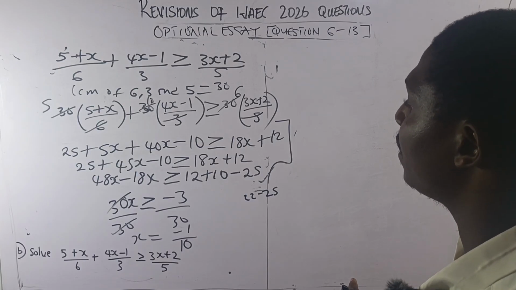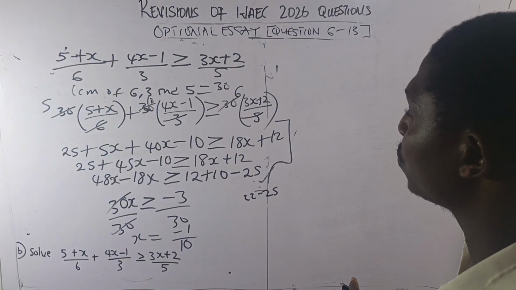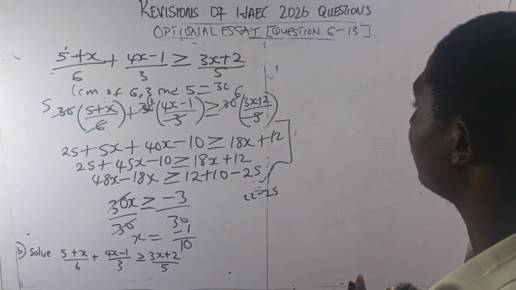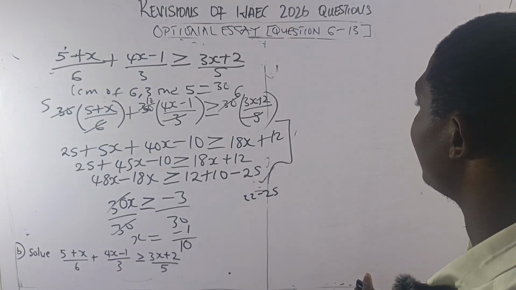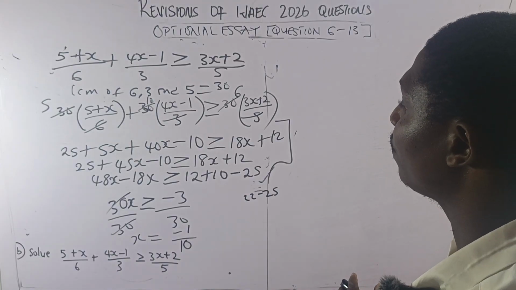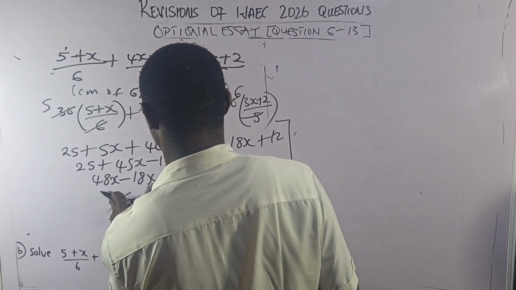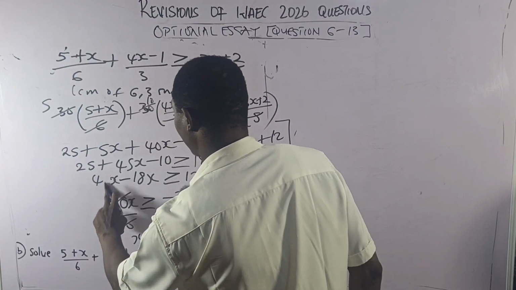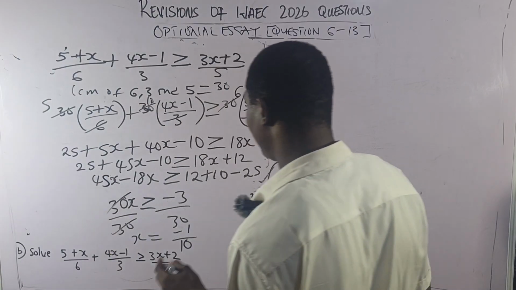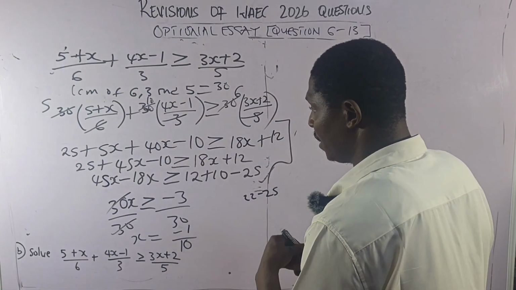So we have 25 plus 45x minus 10 greater than or equal to 18x plus 12. So here it's supposed to be 45x. Thank God we went through it again.